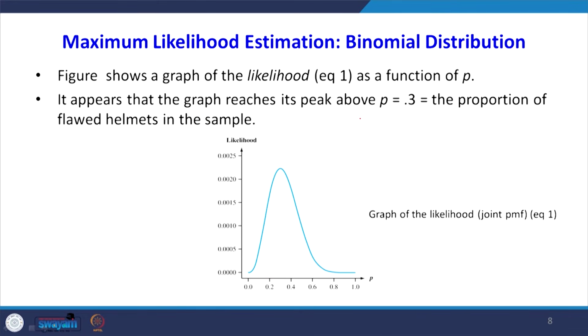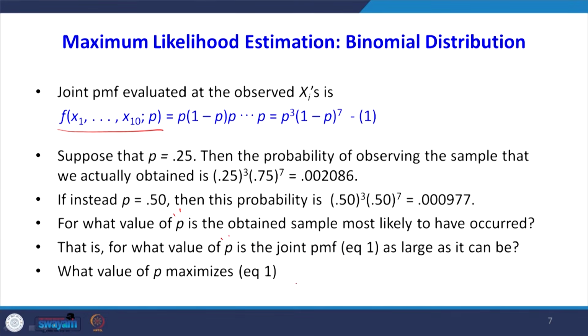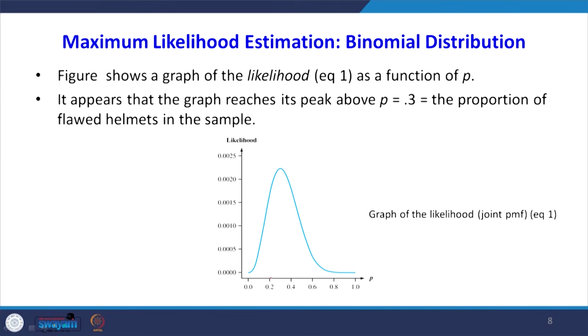The figure shows a graph of the likelihood, equation 1, as a function of p. On the x axis, we have taken different values of p. Previously, just for one case, we took p values 0.25 and 0.50. When it is 0.25 this was the likelihood value, and at 0.5 this was the likelihood value.